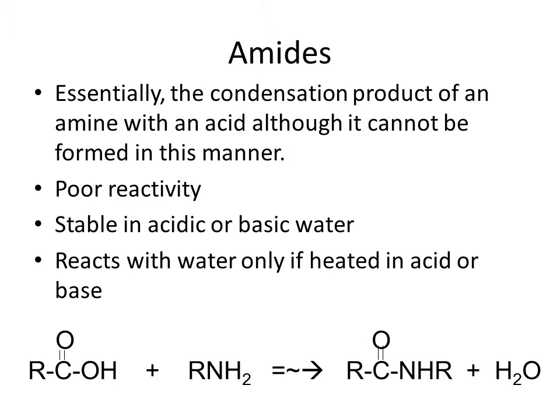If you take an oxygen and hydrogen from the acid and a hydrogen from the amine and remove that to make water, and then attach the nitrogen to the carbonyl where you removed the hydroxyl group, then you form the amide on the right. Again, it can't be done literally this way, but it's a way to visualize how it's formed, even though it doesn't really form that way.